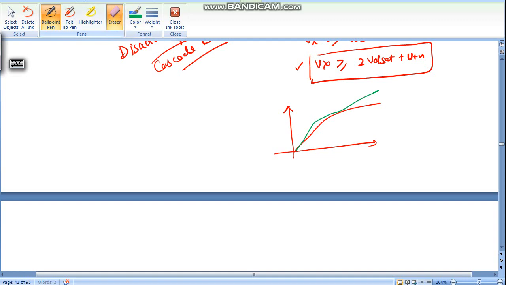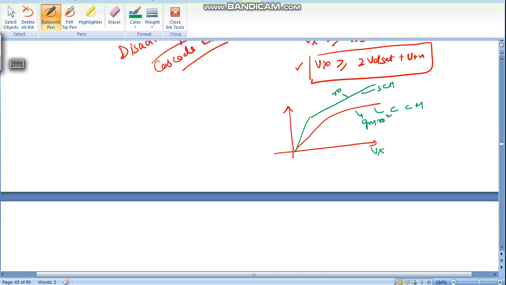One second, let me draw it properly. This is for the simple current mirror, this is for the cascode current mirror. Here the output resistance is RO, here the output resistance is gm RO squared.